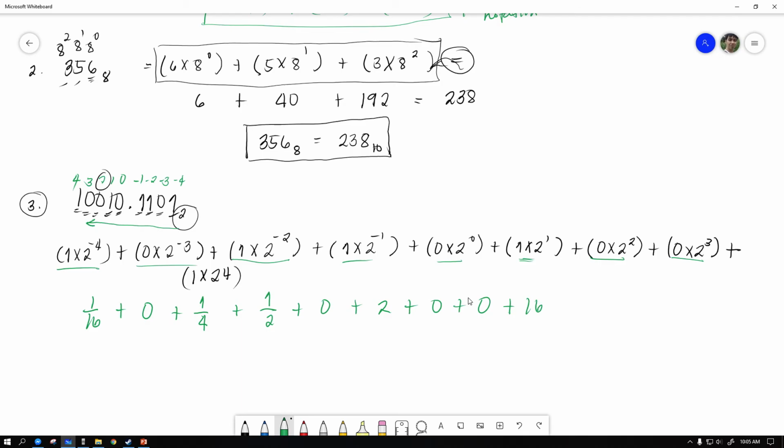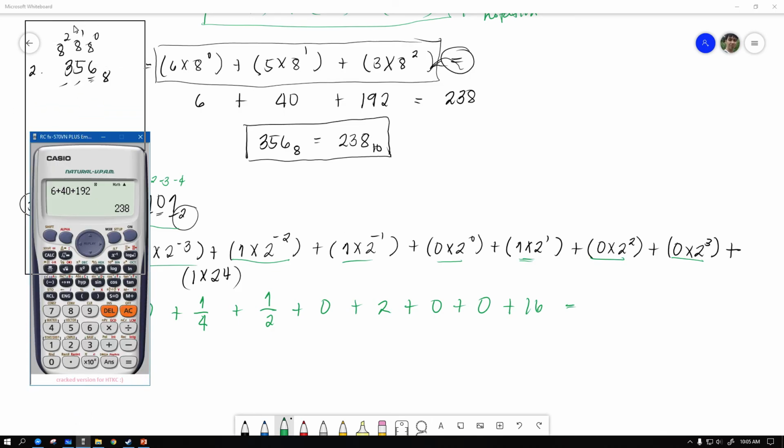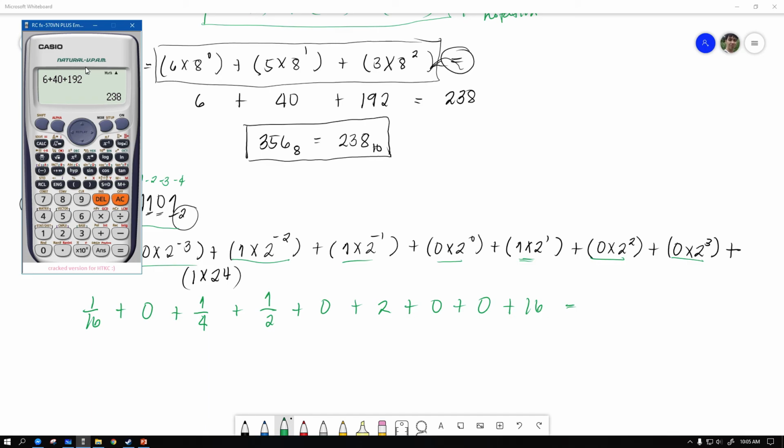Okay, so you need to add up: 1/16 plus 0 plus 1/4 plus 1/2, plus 2, then plus 16.